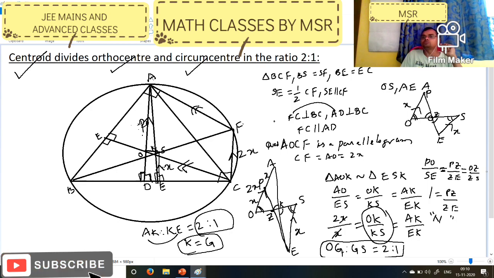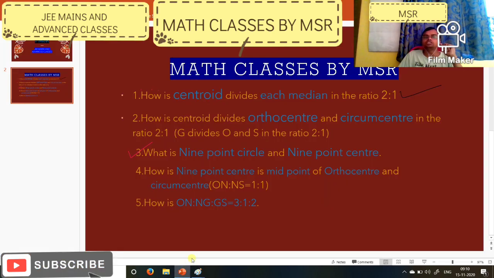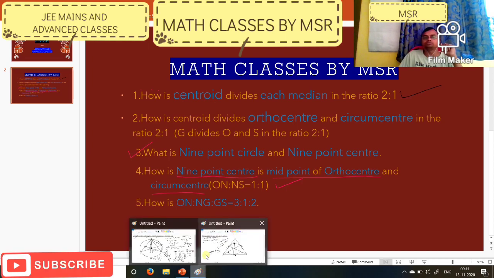So ON is to NS is 1 is to 1. That means N is the midpoint of the orthocenter and circumcenter. This is also we proved. The 9-point center is the midpoint of the orthocenter and circumcenter, we proved.